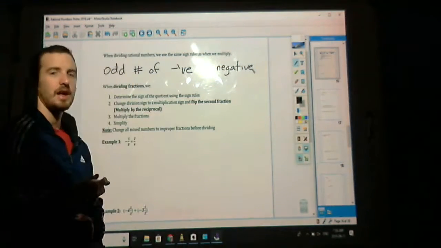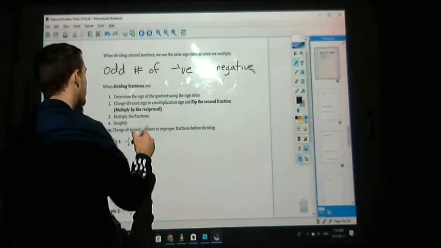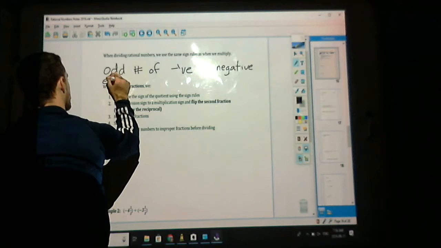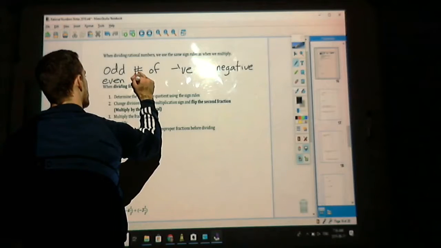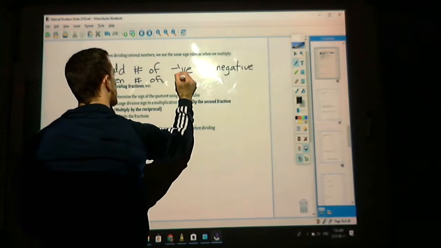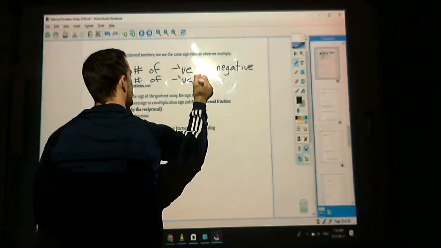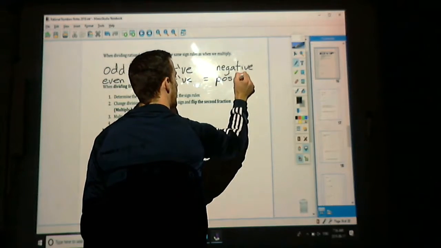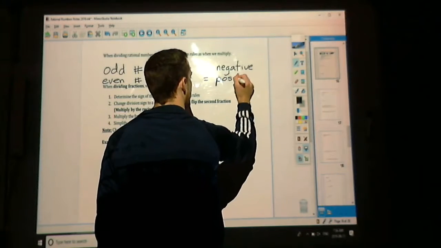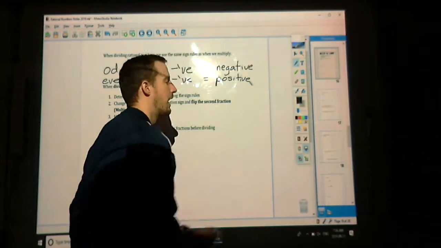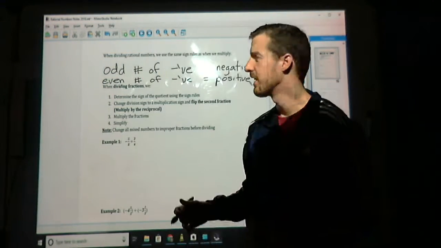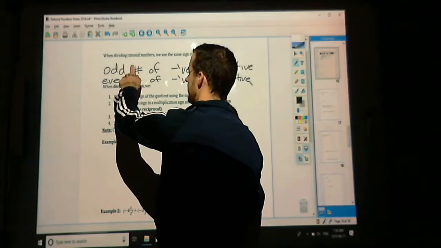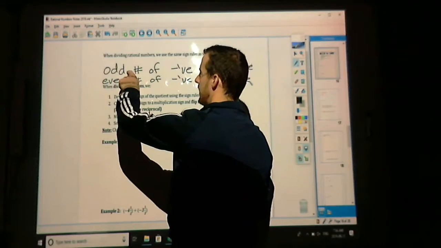If we have an even number of negatives, we end up with a positive answer. Okay, so before we were doing positive, before we were looking at it as, okay, well, if we have a plus and a minus, it equals a negative, but that would be an odd number.